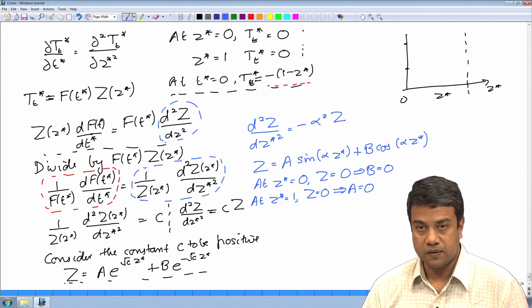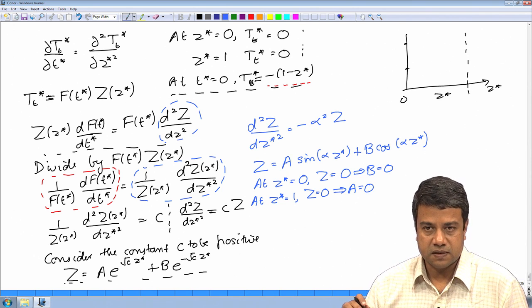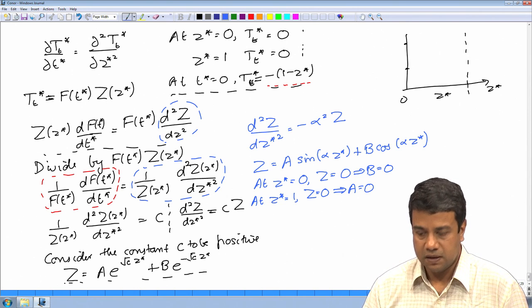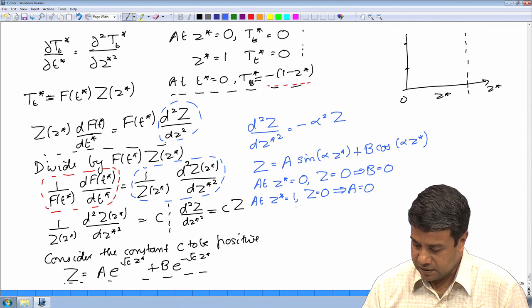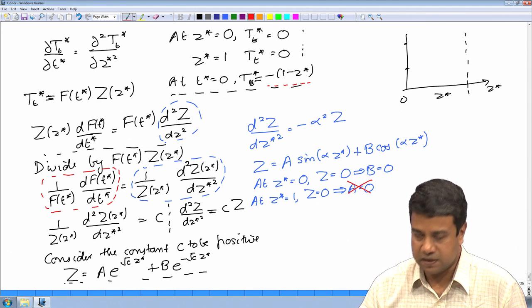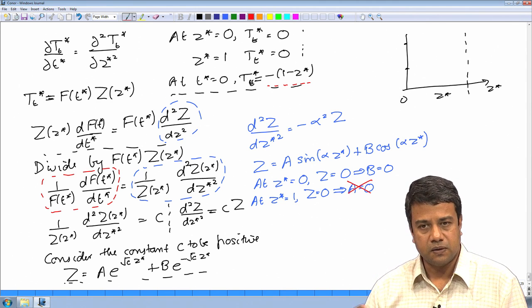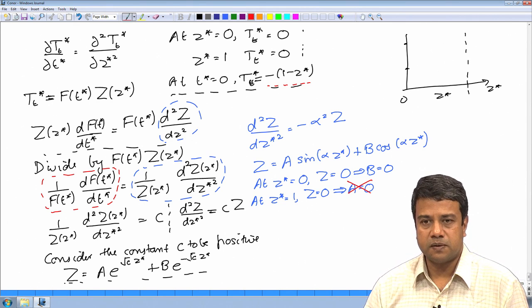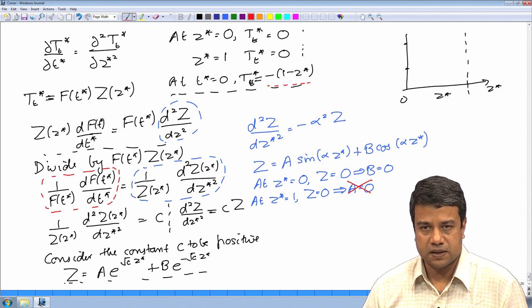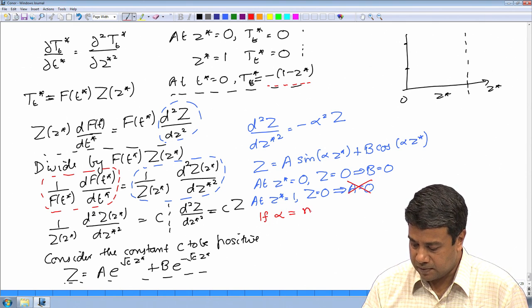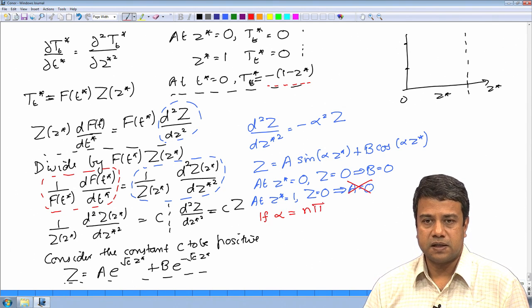I can get it only if this constant alpha has a special value. You do not require the condition that A has to be equal to 0, because if A is equal to 0, you end up with a trivial solution once again. It is also possible to get Z equal to 0 at z star equal to 1 if this factor alpha is equal to n pi, where n is an integer.